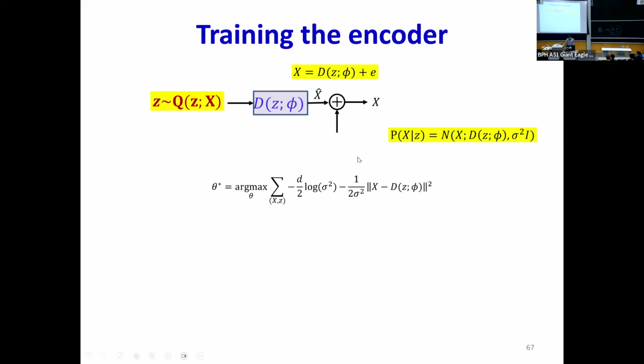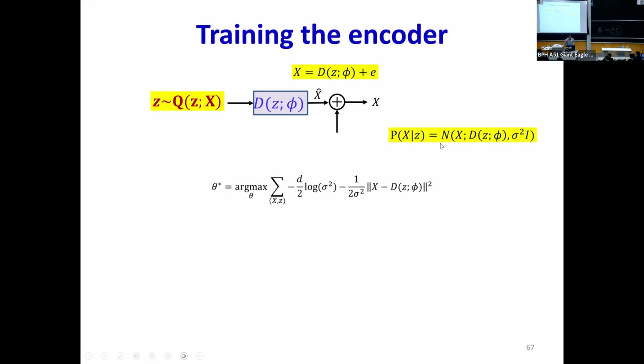And so this is the log probability of the training instances for any given z. And so this is what I want to maximize, right? And the encoder must be trained to maximize this.